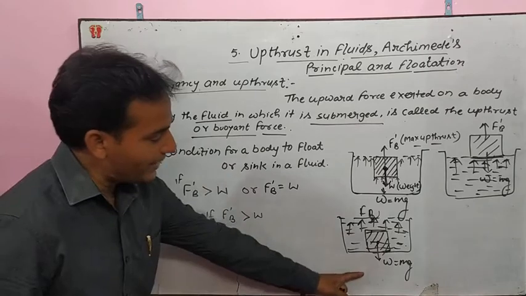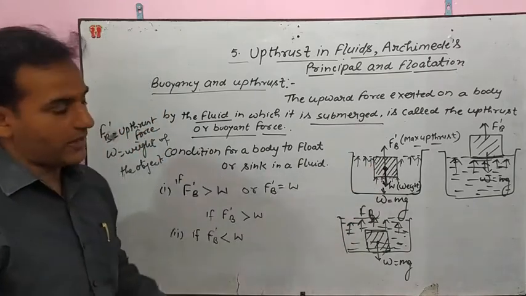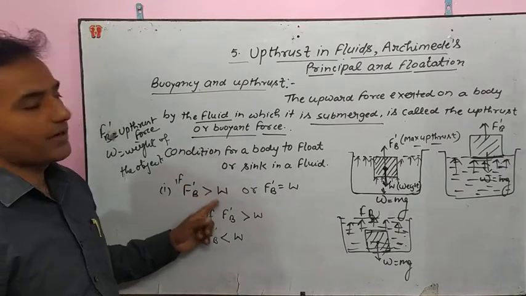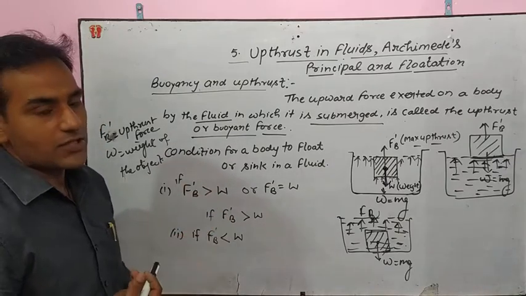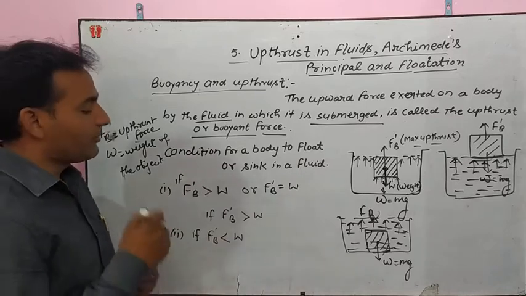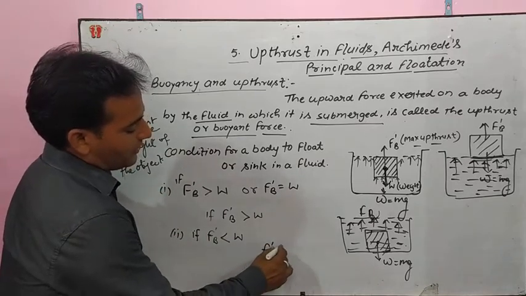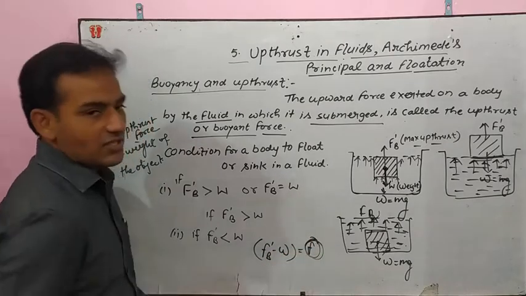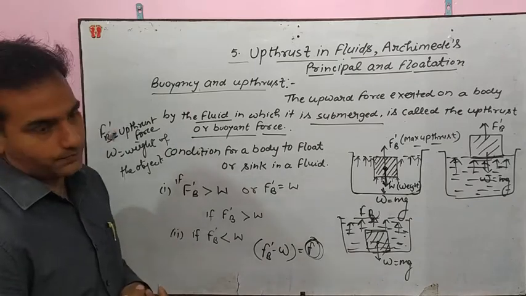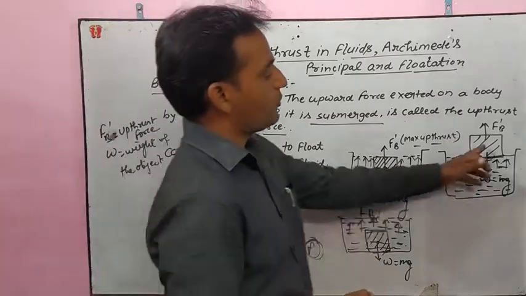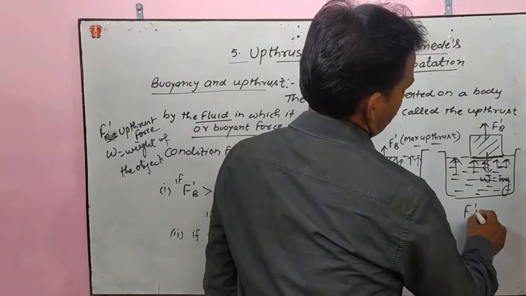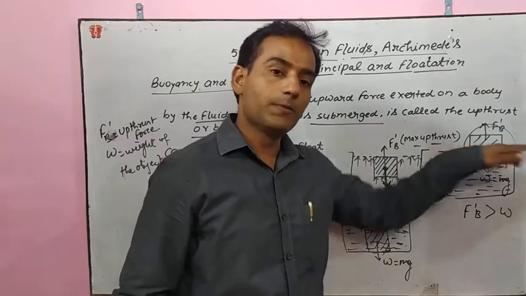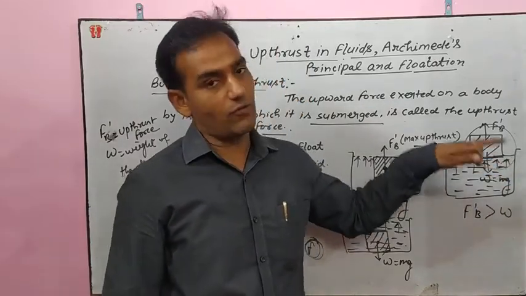So we have W and F dash B. The first condition is, if F dash B is greater than W, if the upthrust force is greater than W, then there will be a difference between F dash B and W, and that resultant force is the reason the object will float. If F dash B is greater than W, the object will float on the surface of the water or of whatever liquid we have.